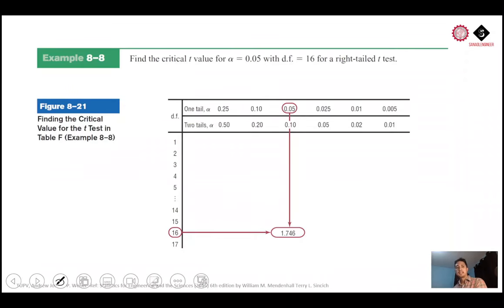First, let's learn how to find the critical value. Find the critical t value for alpha of 0.05 with df 16 for a right-tailed test. As I told you in our previous topic, the rows for one tail and two tail are not used when the problem is about a confidence interval.